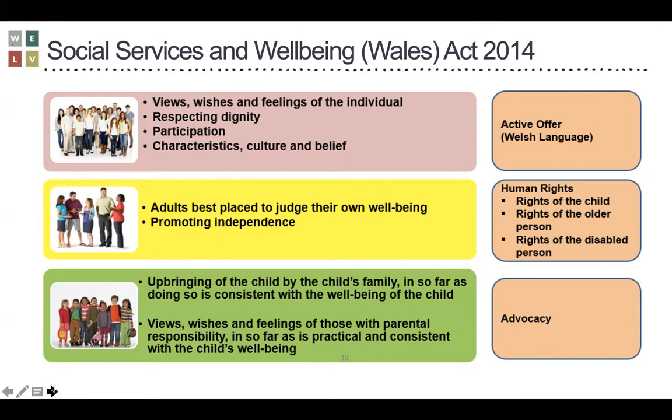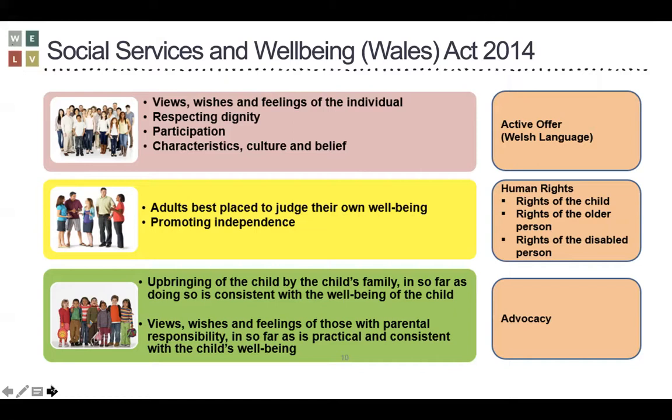So the pink box applies to all adults, children, and carers. That's that we have regard to their views, wishes, and feelings. So this is the views, wishes, and feelings of the child in this context. That we're respecting their dignity, enabling and facilitating their full participation, and that we're having regard to their characteristics, culture, and beliefs.